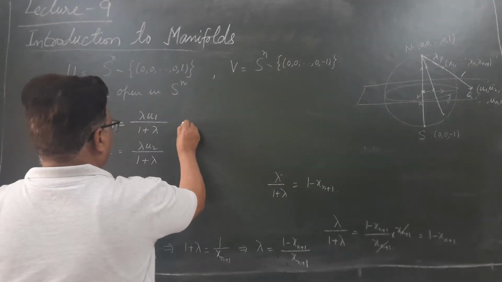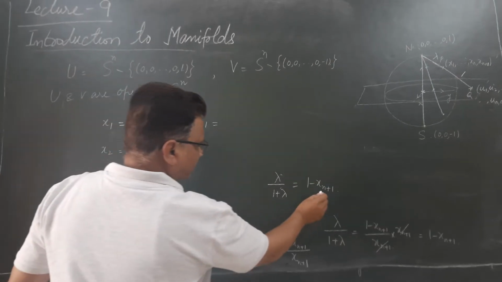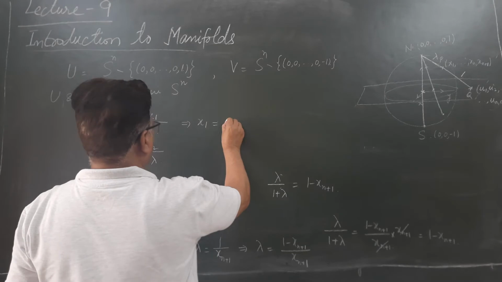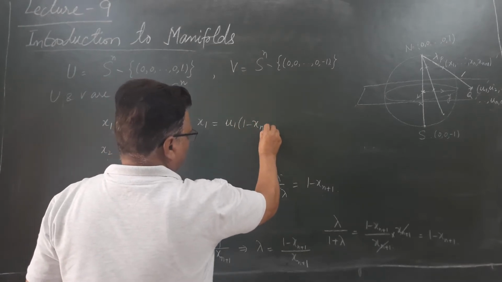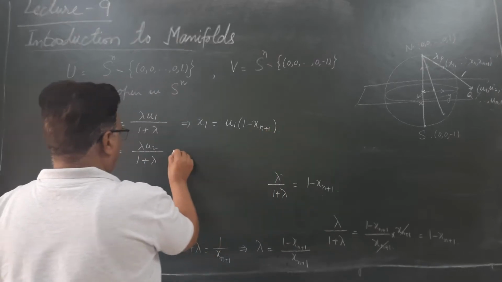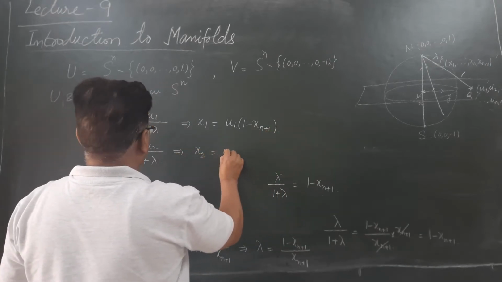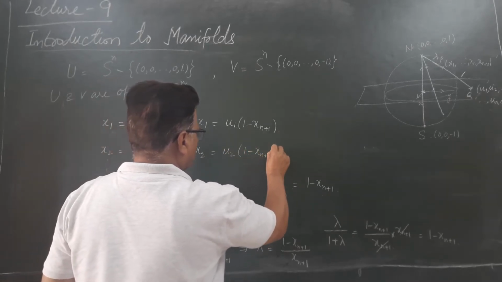So this implies x1 equal to u1 into 1 minus xn plus 1. From here x2 is equal to u2 into 1 minus xn plus 1.